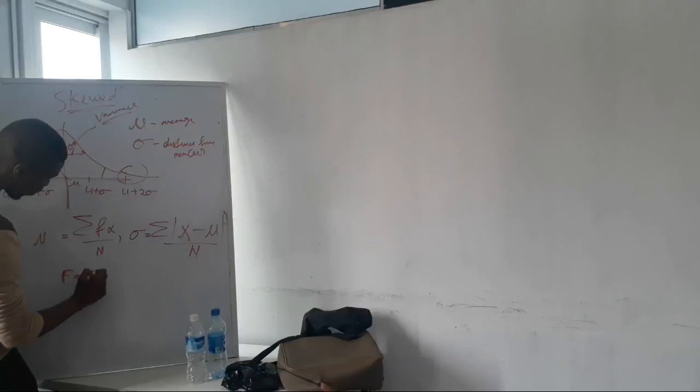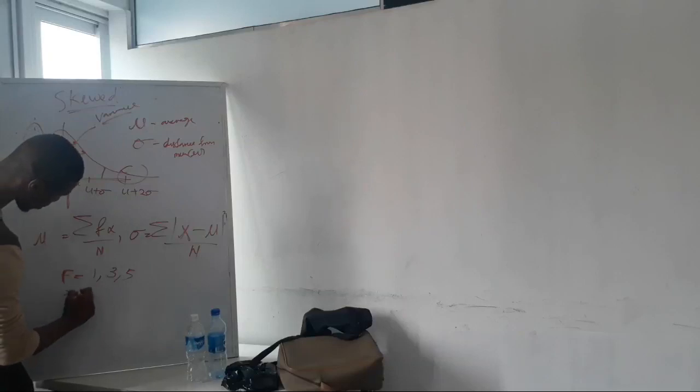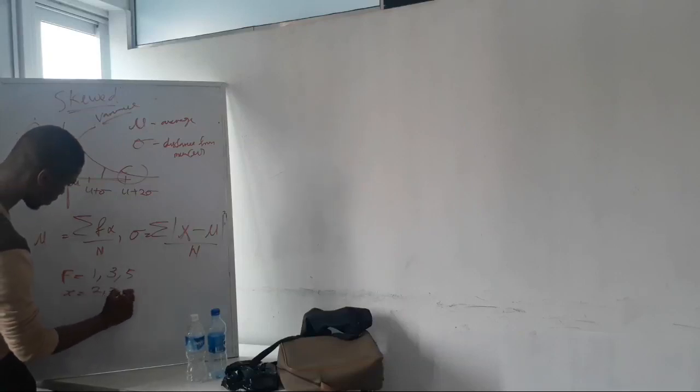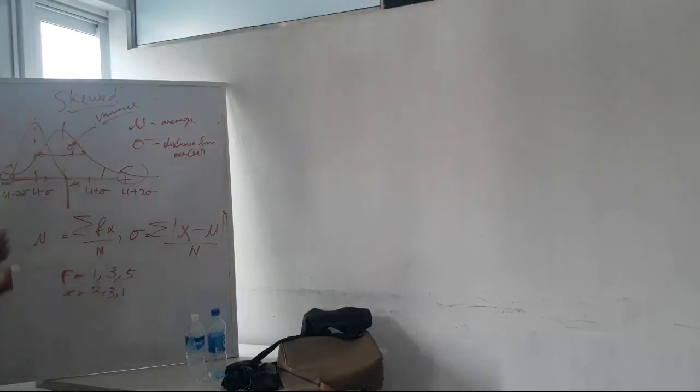The frequency of the first one is 1, 3, 5. I don't know what to call these values, but this is the frequency and this is the value, right?